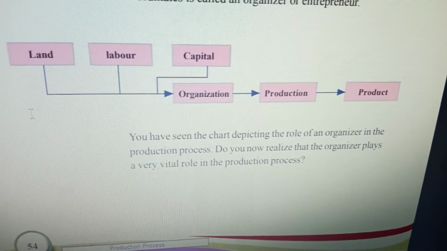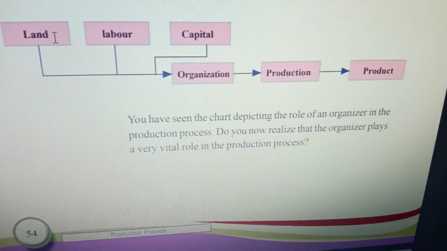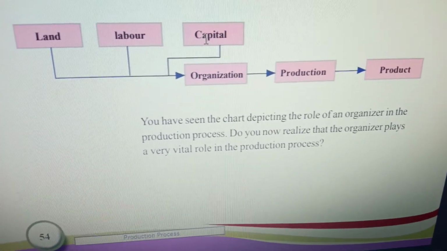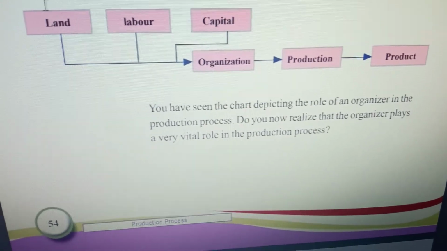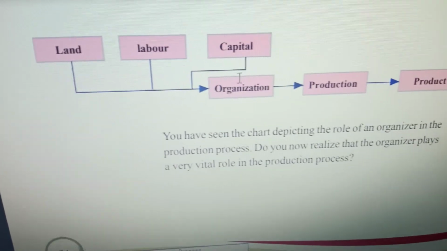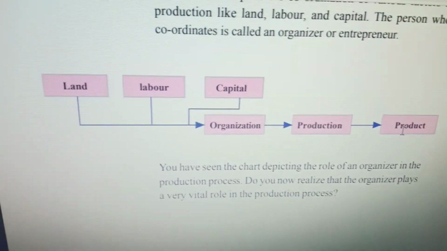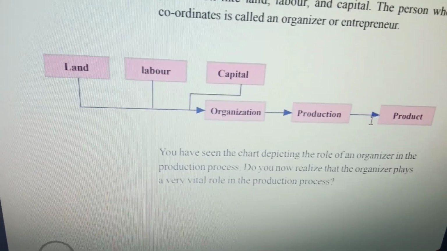Organization is an act of bringing together other factors of production like land, labor and capital. Then the coordinated functioning of all the factors of production leads to production process. And the result of production process is product.